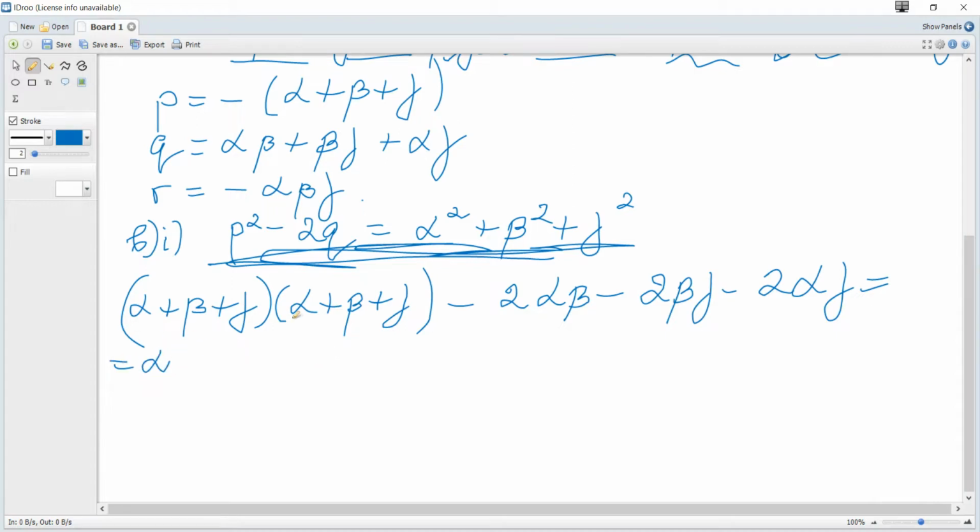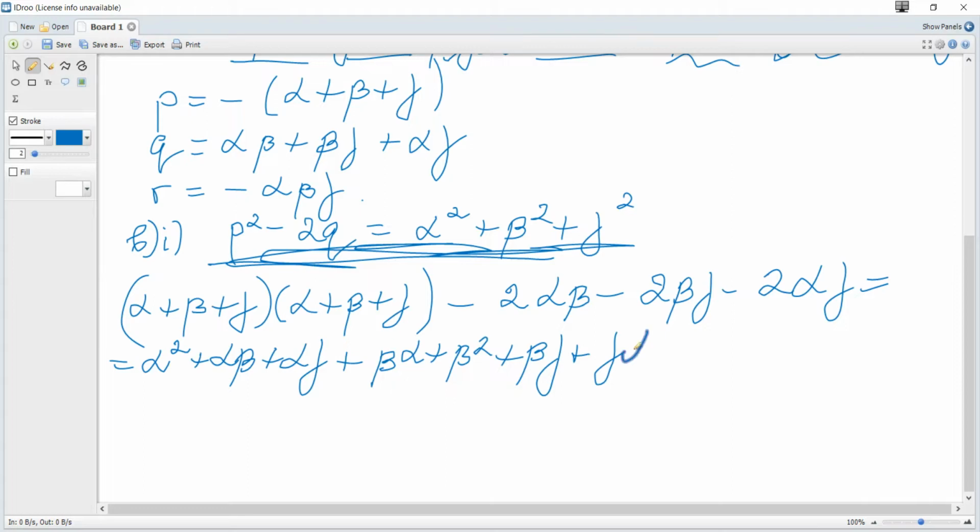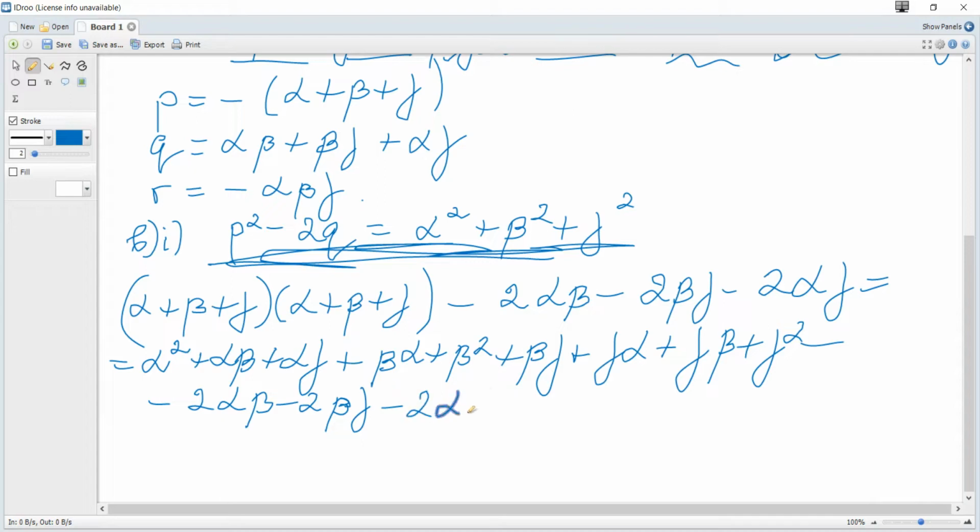It is equal to alpha squared plus alpha beta plus alpha gamma plus beta alpha plus beta squared plus beta gamma plus gamma alpha plus gamma beta plus gamma squared, minus 2 alpha beta minus 2 beta gamma minus 2 alpha gamma.